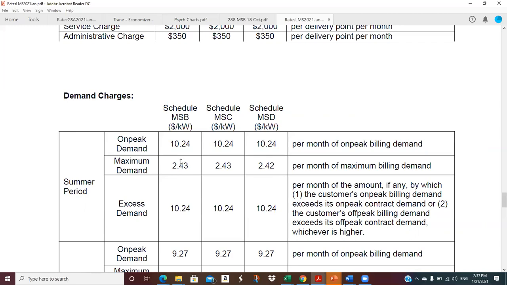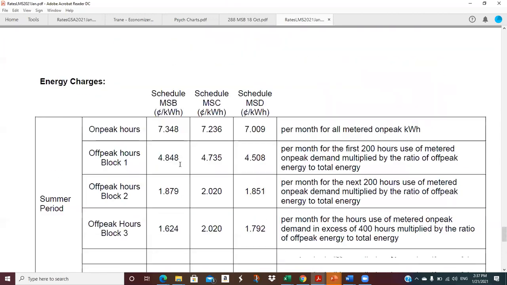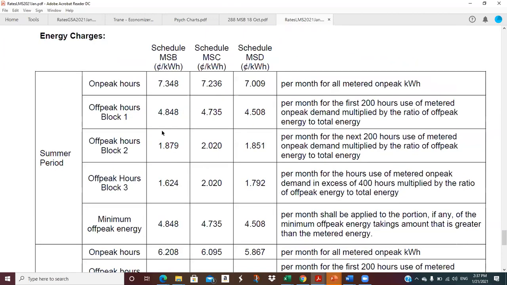And then the energy, like if you're in the summer, if that energy you were paying 7.35, 348, and you could drop, and if it would fall to this third block, oh my goodness, you could pay 1.6.